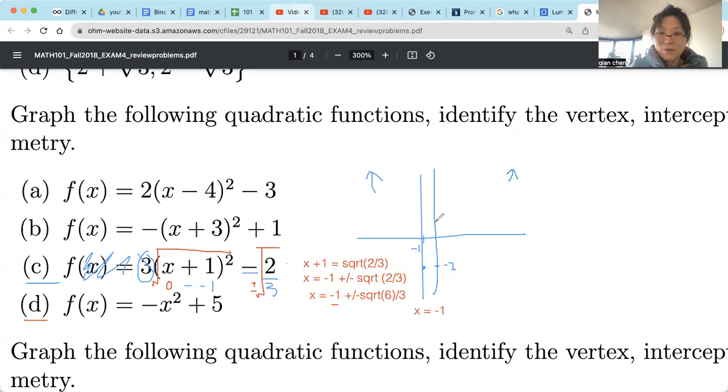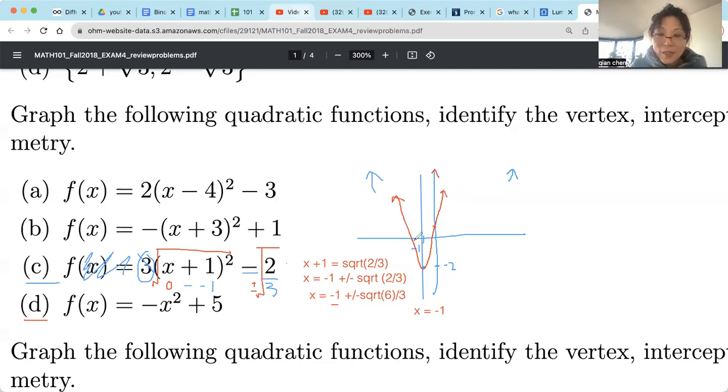So this is my y-axis. Let's see, 1 is here. So that's my y-intercept. Once I have my y-intercept, I try to graph smoothly. Once I have half, I can graph the other half because they're symmetric.